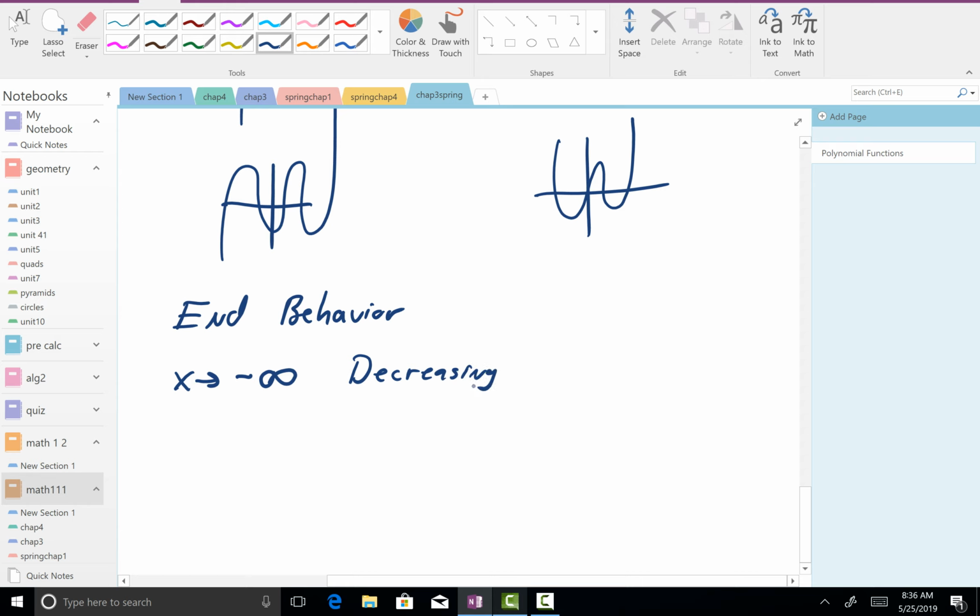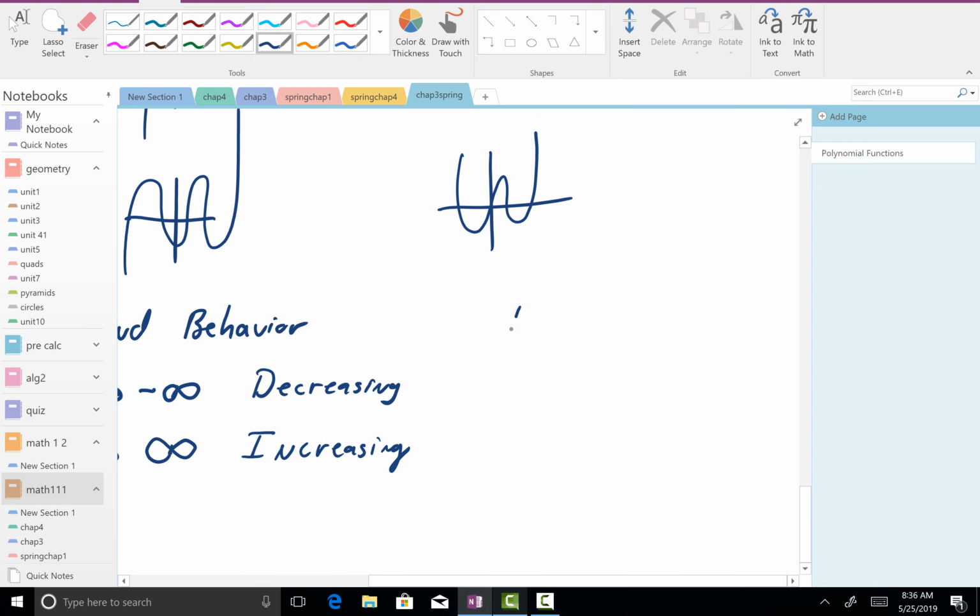What's happening at the end? That's what end behavior is all about. In this case, as x approaches negative infinity, it's increasing, just like you just said. As x approaches positive infinity, it's increasing. There we go. Let me shrink this down a little bit so you can see it. All right?